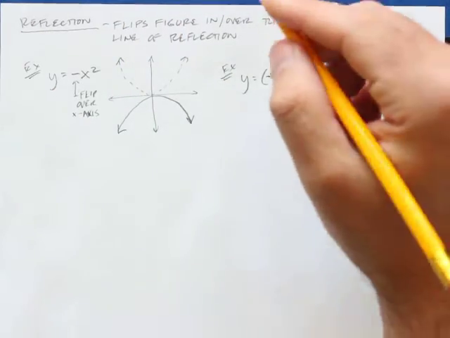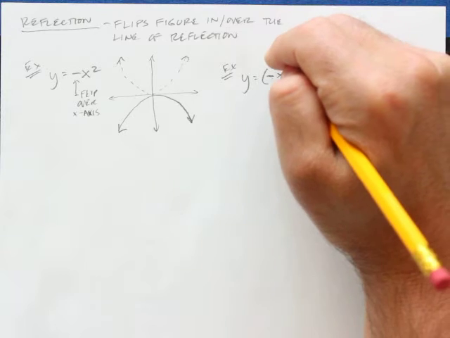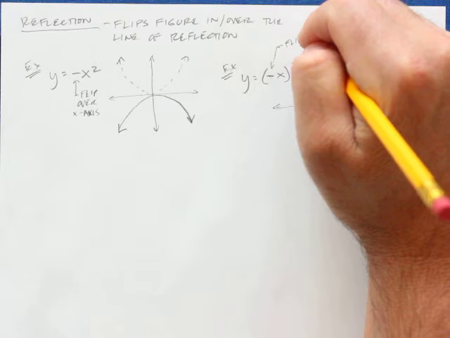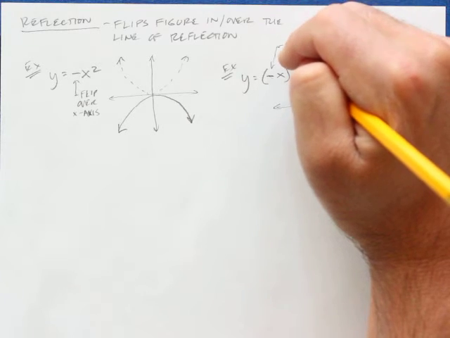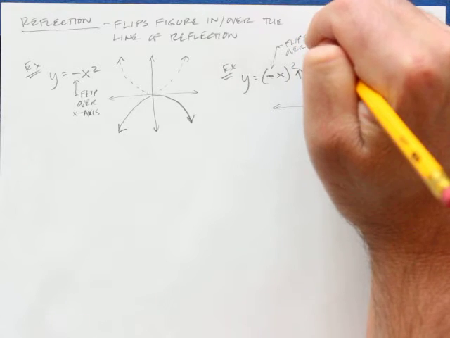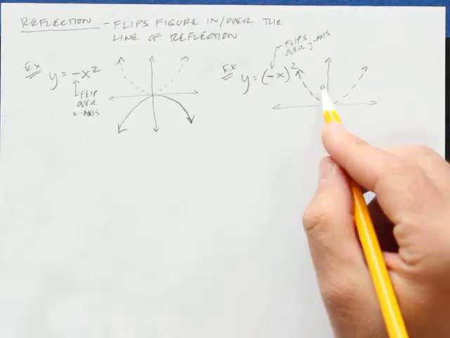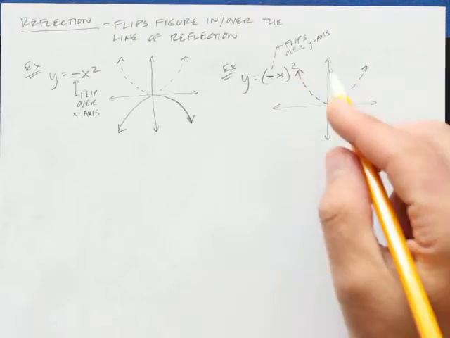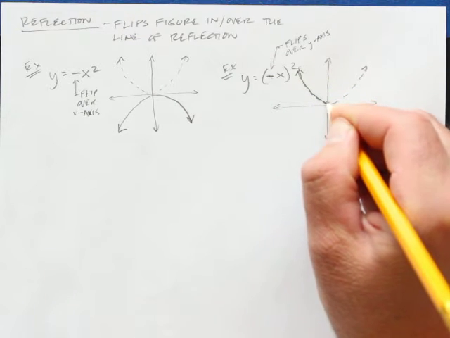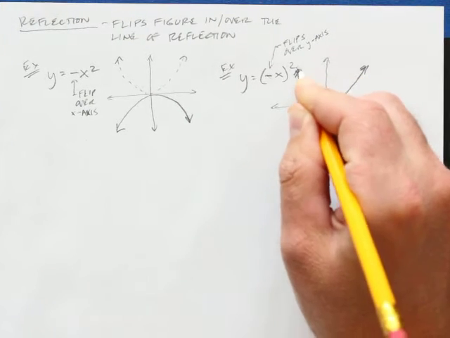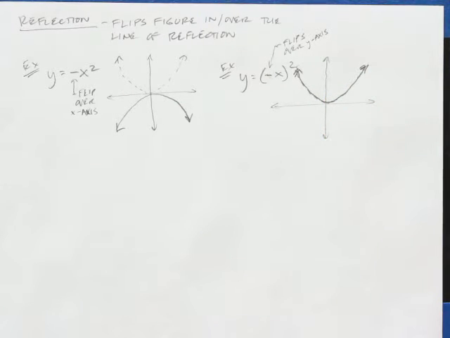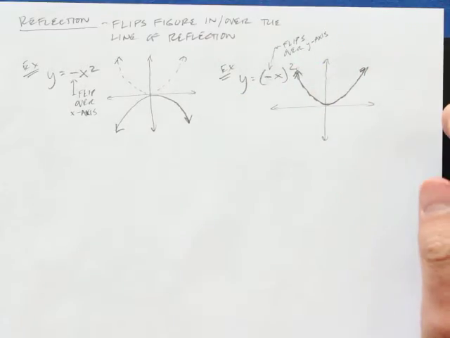Now, since this one is inside here, this flips over the y-axis. Flips over feels better to me, but it's probably not actually quite accurate. If this flips over the y-axis, this is already symmetrical across the y-axis, so the final graph just maps right on top of the parent graph.